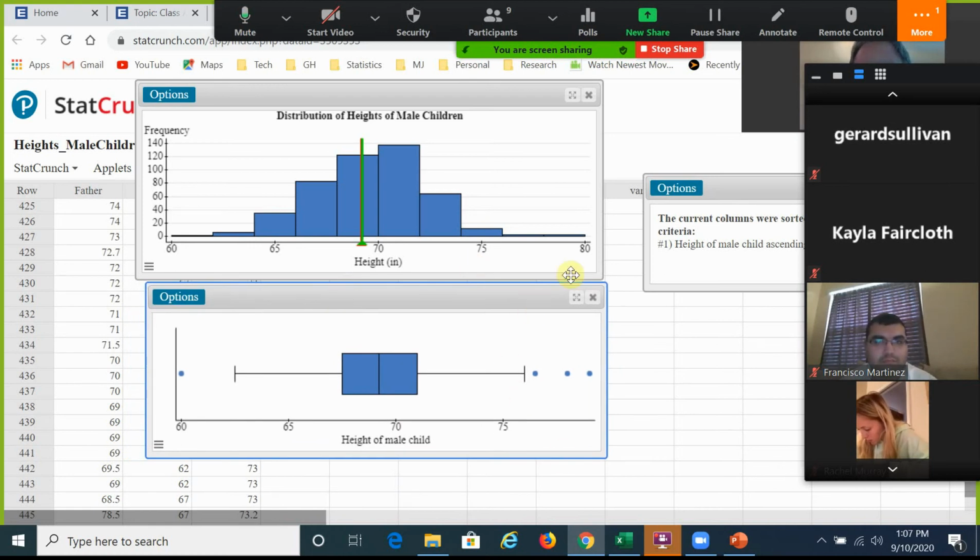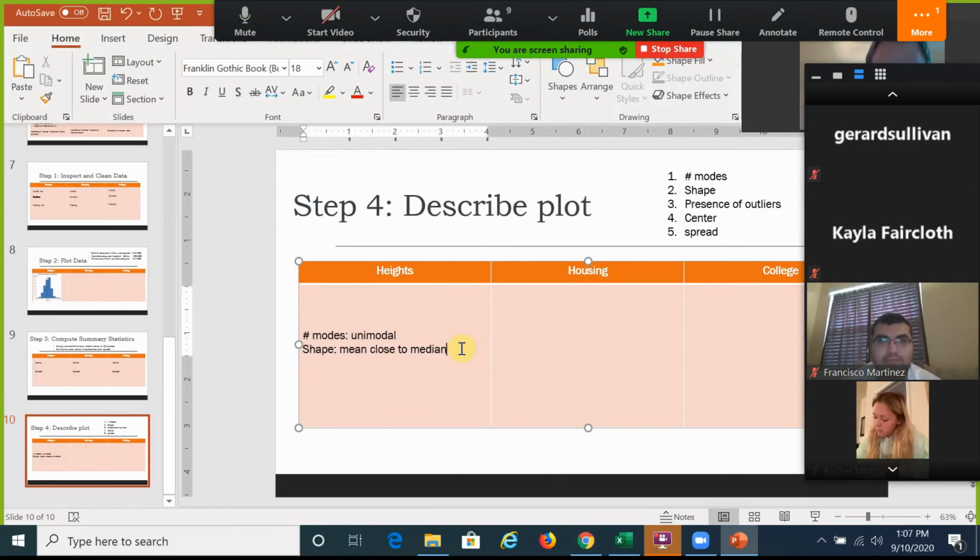Notice one of the things that's throwing you off are the outliers. The outliers are making it kind of appear that there's a tail here and there isn't. So this is definitely symmetric. We can also plot a box plot. These are the two things we can do to determine the shape.